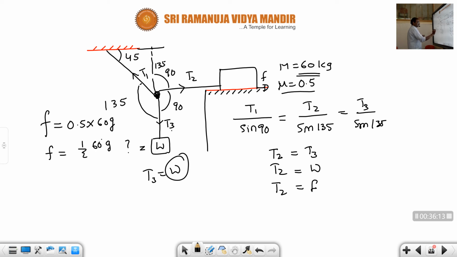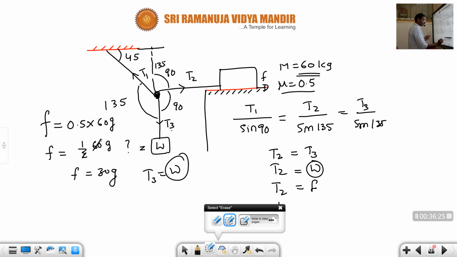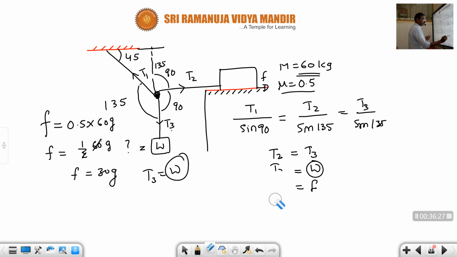Here 2 1s are 2, 2 3s are 6, so F is 30 g. Therefore, what is the value of W? W is equal to F only over here, so W is equal to 30 g. This is the way we solve the question under equilibrium situations.